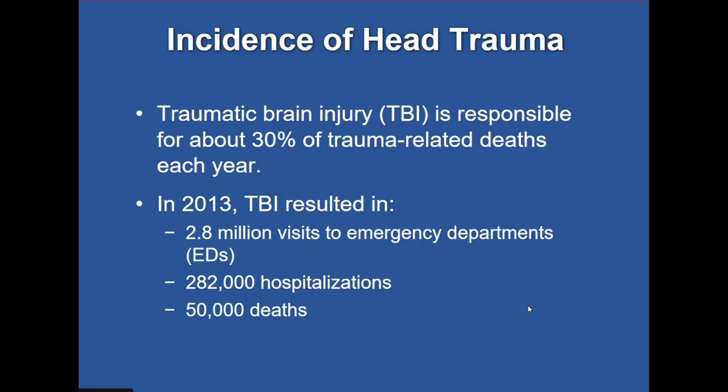So between those two, we've already seen the majority of our trauma deaths are from those two types of trauma. You have many visits to the ER every year. Some of those go into hospitalization so that they can be watched for further deficits or treated with surgery to try to relieve some pressure off that brain.